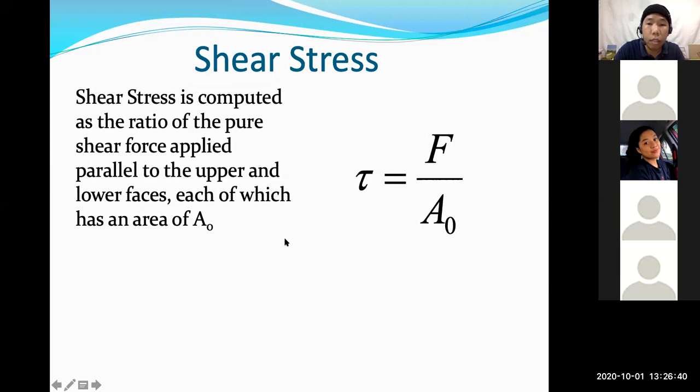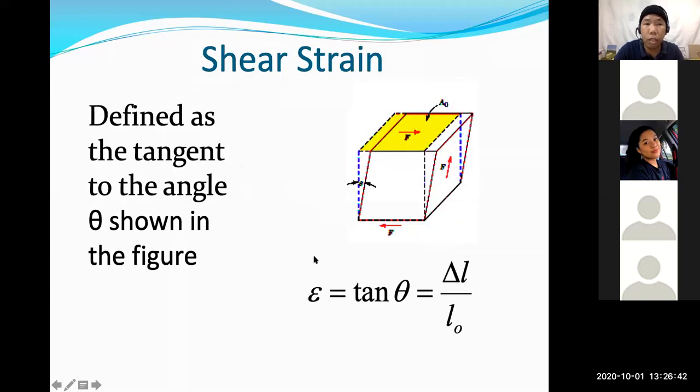Okay, so now let's go to the shear strain. The same illustration as what we have seen in the video. To determine the shear strain, we have the same representation, epsilon. As you can see here, take a look at the figure.